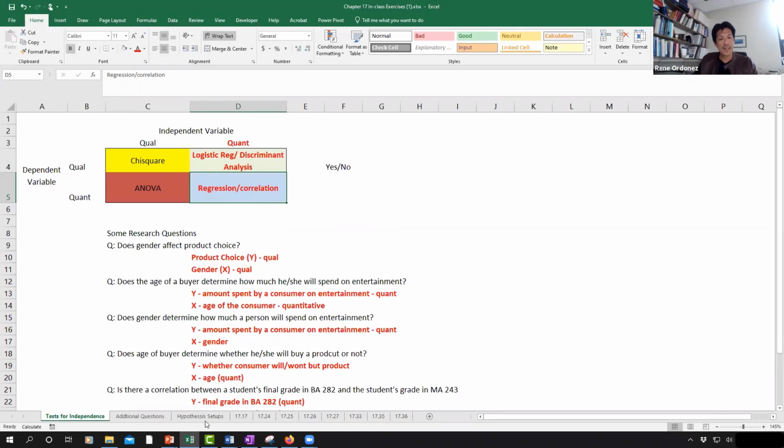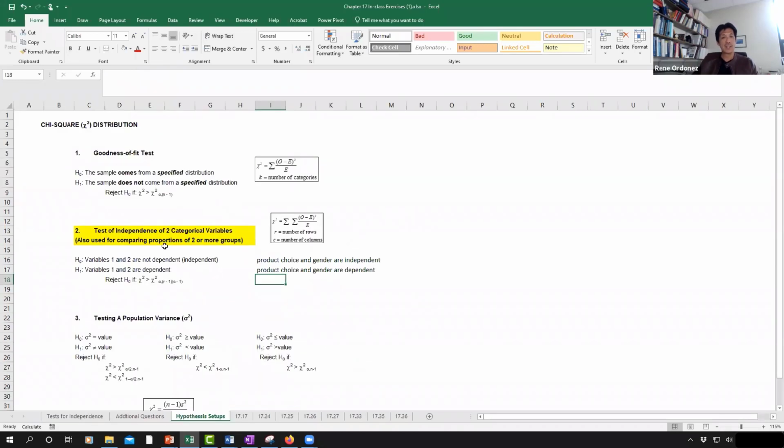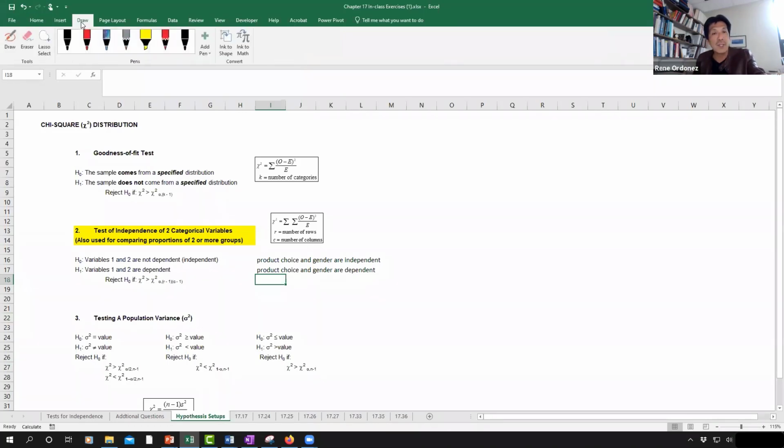All right. So we've talked about this. The chi-square distribution, in terms of its shape, is similar to the F distribution in that it is right skewed, something like this. It starts at 0, and the chi-square distribution will be like this.